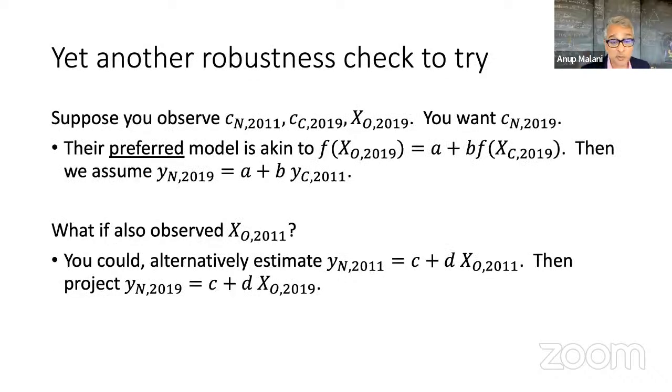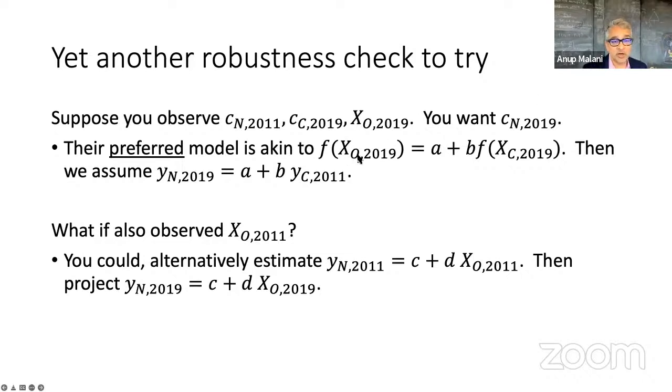Okay, let me try another robustness check. While we're at it, we can try a different approach. Let's suppose that you observe consumption in NSS in 2011, consumption in CPHS in 2019, and some other variables from other data sets in 2019. What you really want is consumption in NSS in 2019. I just picked one date; obviously, it's 2015 to 2019. Their preferred method is a slightly more complicated version of what I put before.